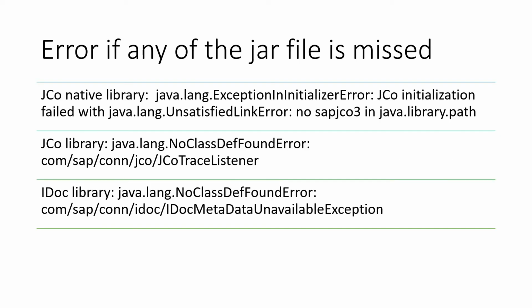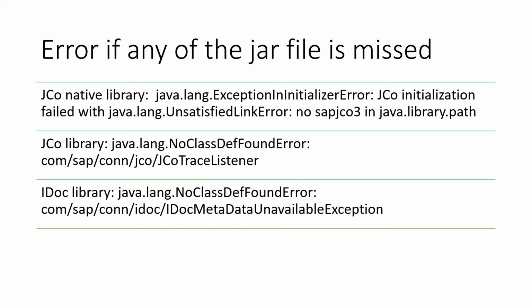As we saw when we discussed the SAP connector configuration, we need to provide three SAP library jar files. All three of these libraries are required, so if you miss any one of them, it will result in an error. If you are missing the JCo native library, you will get an error like java.lang.ExceptionInInitializerError, no sapjco3 in java.library.path.